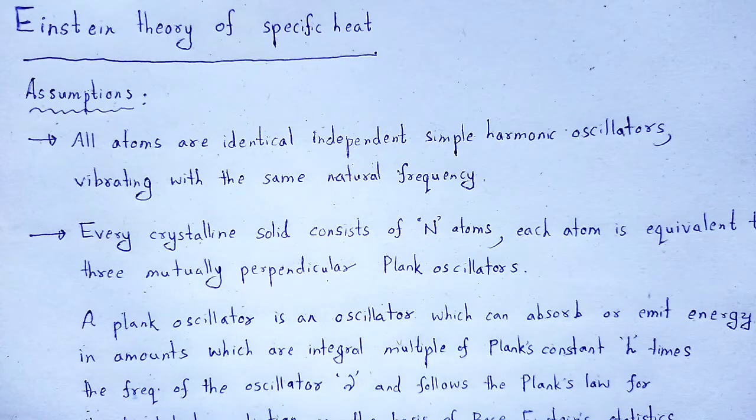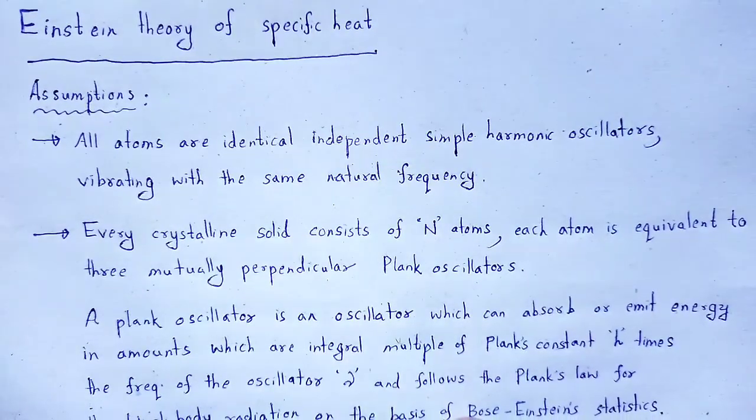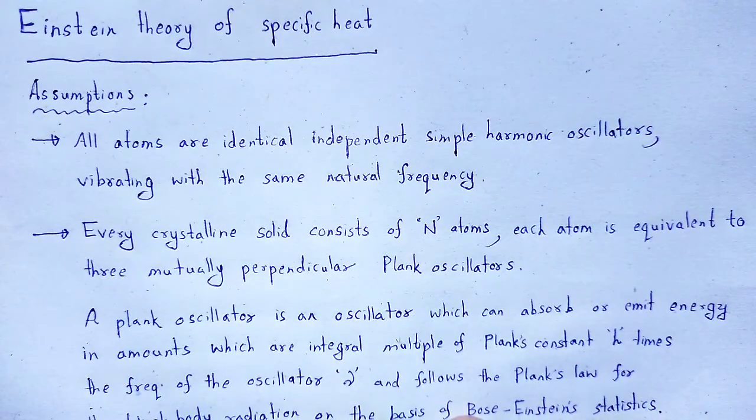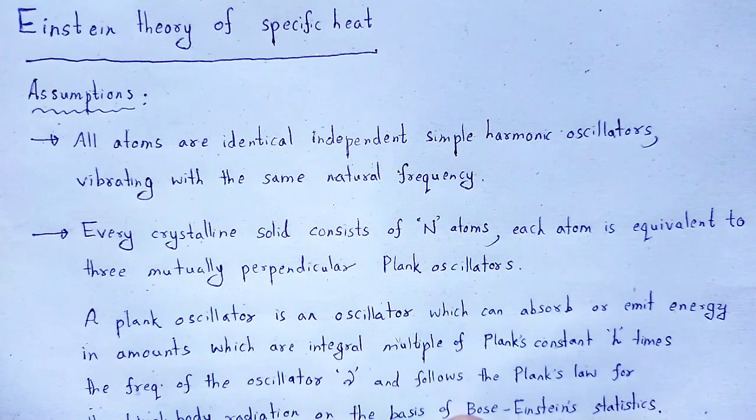Specific heat in solids is explained by Dulong and Petit. According to Dulong and Petit, the specific heat at constant volume Cv is equal to a constant, 3R, which means the specific heat is independent of temperature and the nature of the solids.